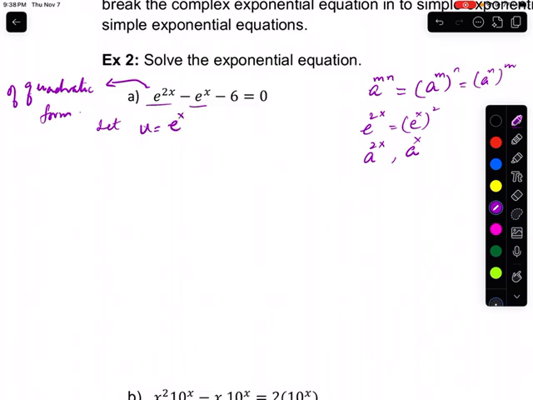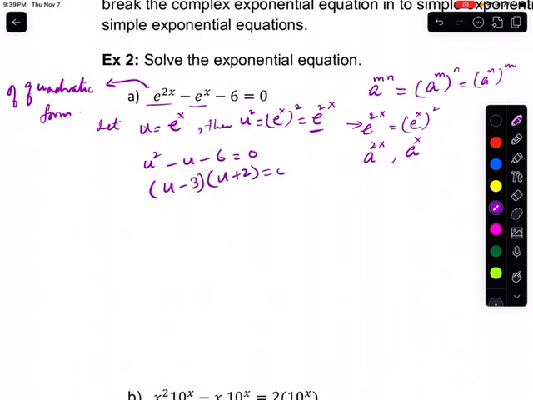We say let u is equal to e to the x. Then u square will be equal to e to the x whole square, which is e to the 2x. So the given equation simplifies to u square minus u minus 6 is equal to 0, which we can factor as u minus 3 times u plus 2, which gives u is equal to 3 or u is equal to negative 2.